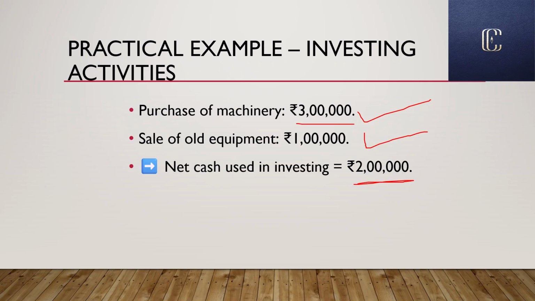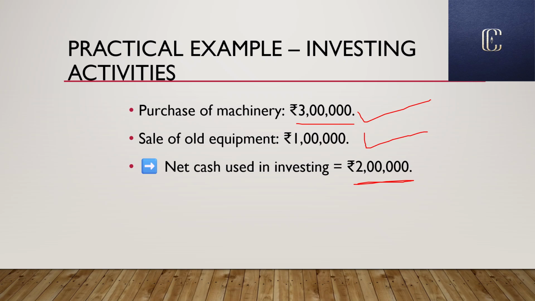Interpretation of this example. The company invested more money in assets than it received. The business may be expanding or upgrading equipment. So cash is used today for future benefit.